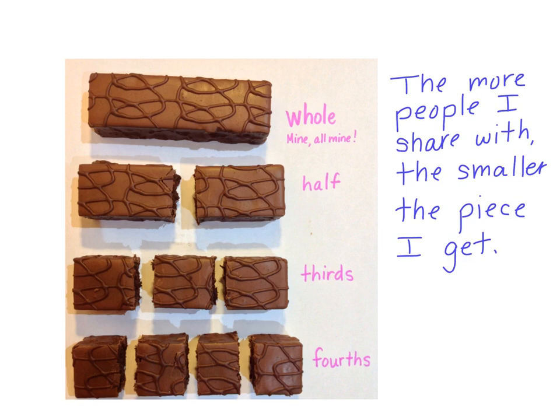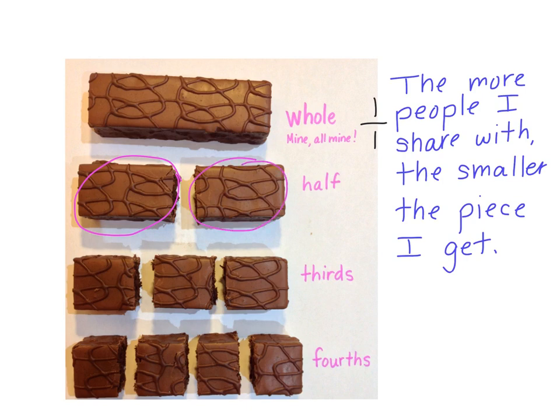So in this picture you can see if it's just me, if I'm sharing with just myself, that's 1 person, 1 whole, 1/1, mine, all mine. But if I'm having to share with 2 people, I get half, the other person gets half.